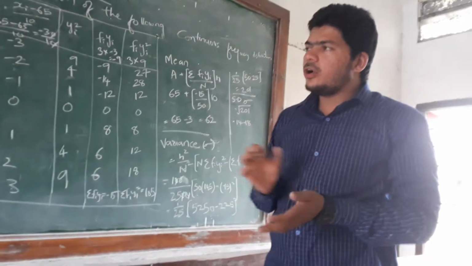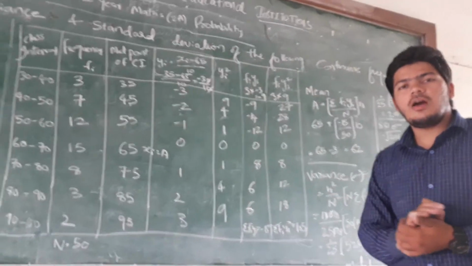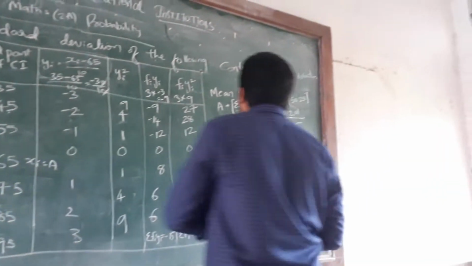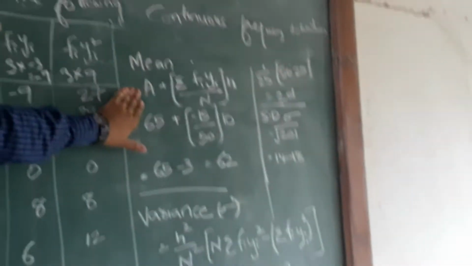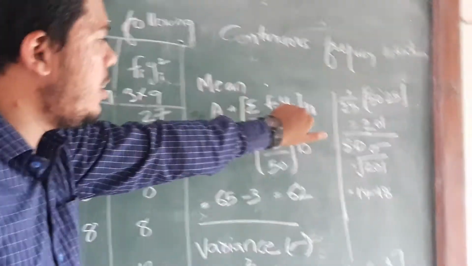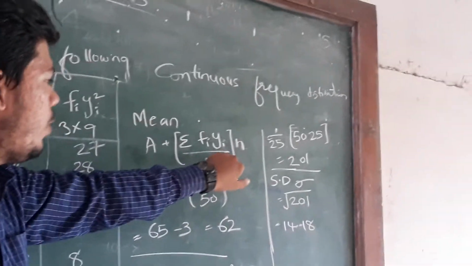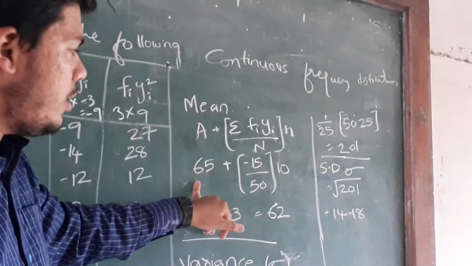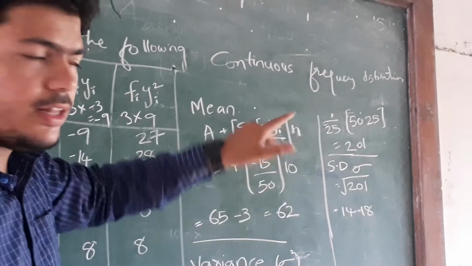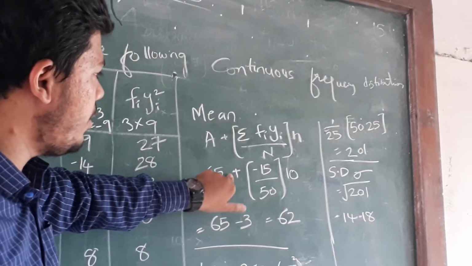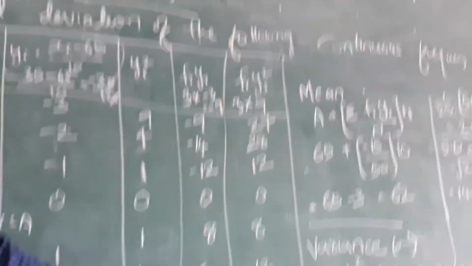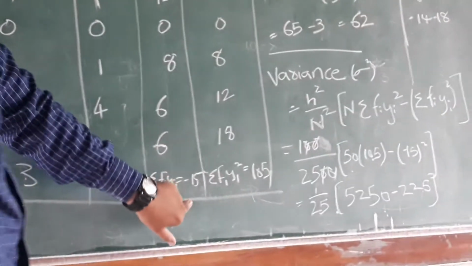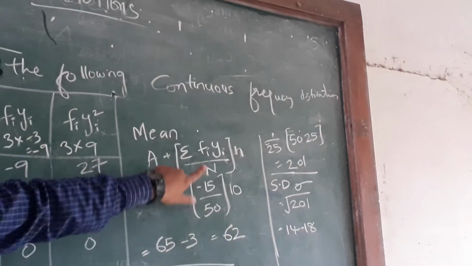Now, all the important terms and values we have got. Now, let's start the answer. Mean formula is a plus summation of fi yi by n into h. The A value we know, mean is 50, so it is 65 plus summation of xi fi, addition of all this, minus 15 by n.